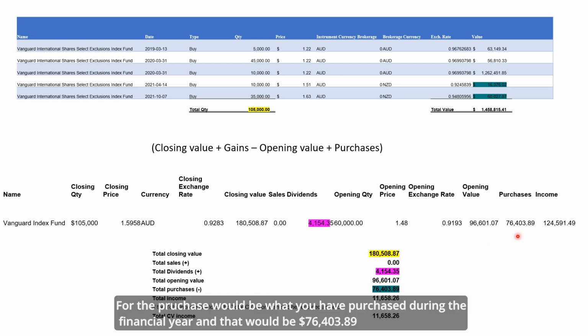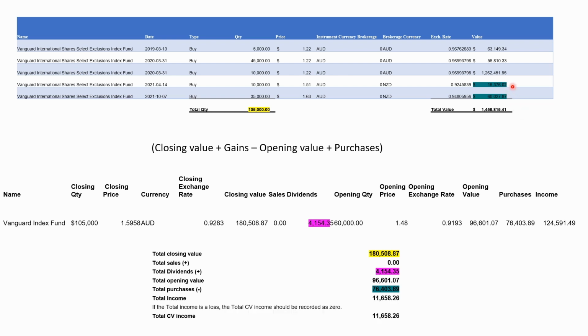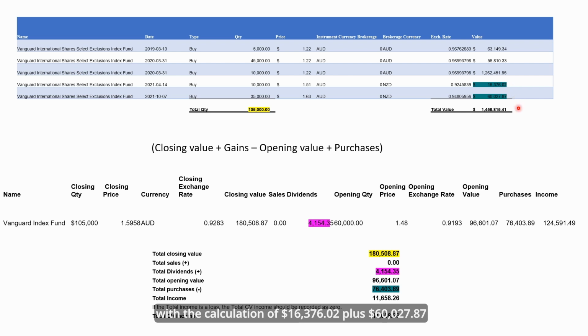And the purchase will be what you purchased during the financial year, and that will be $76,403.89, and you plus the both together.